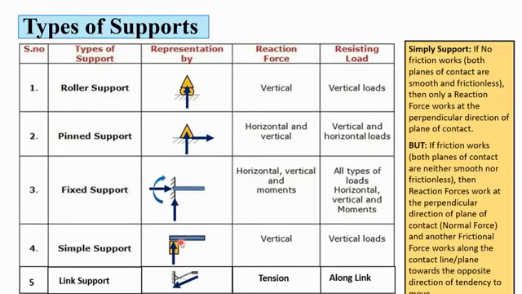So the difference is, if it is smooth, we have only a vertical force, we call it reaction, and if it is not smooth, then this force will work, we call it normal force, and along this it will have a frictional force.